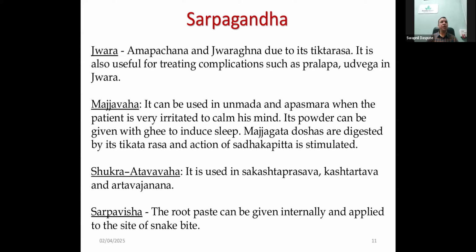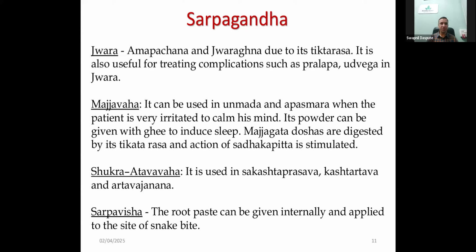Kashtartava and Artava Janana. In Kashtartava, where there is painful menses, Sarpagandha can be used. Artava Janana is to induce menses or periods. Sarpagandha is widely used in Sarpavisha, that is snake poison.